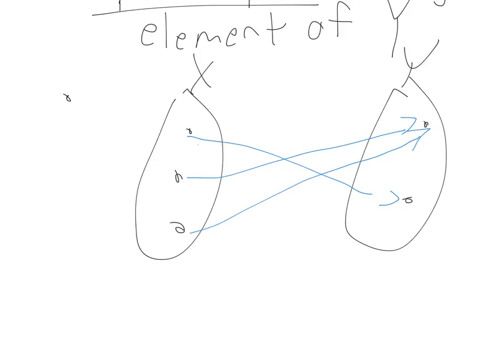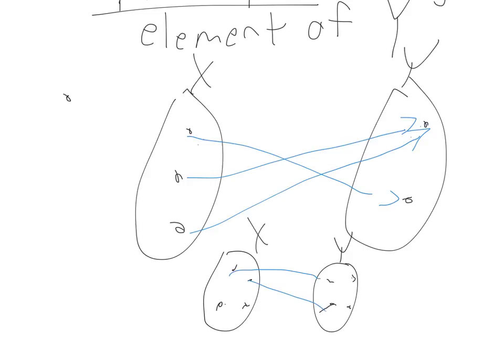Notice how each element of x is mapping to only one element of y. Or it could look like this. So if you have all these elements of x, all these elements of y, each one could map to a different element.